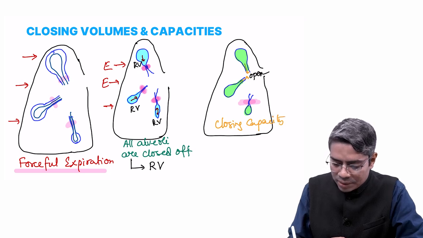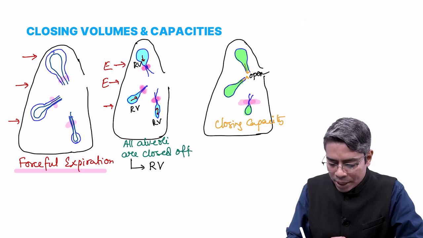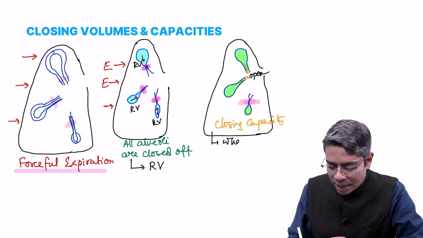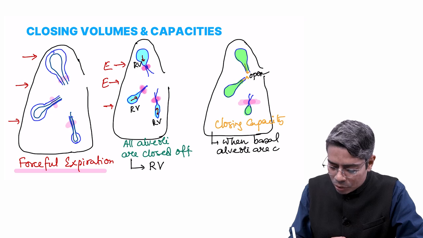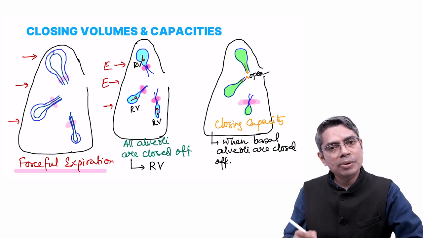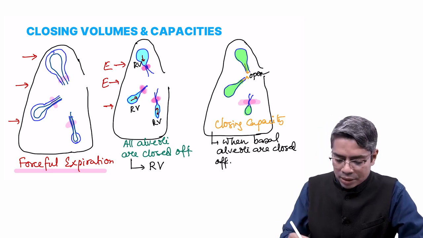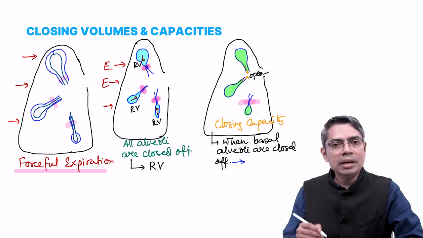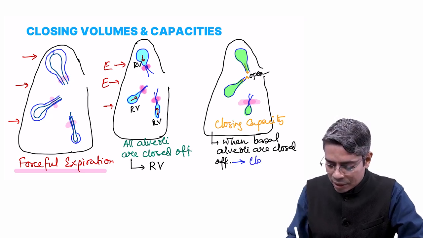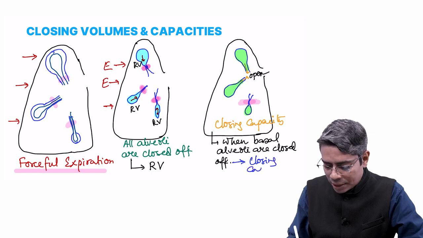of the lung. So, what is the definition of the closing capacity? When basal alveoli are closed off, but the apical and upper alveoli are still open, in this condition the remaining amount of air which is still there inside the lung is known as the closing capacity.